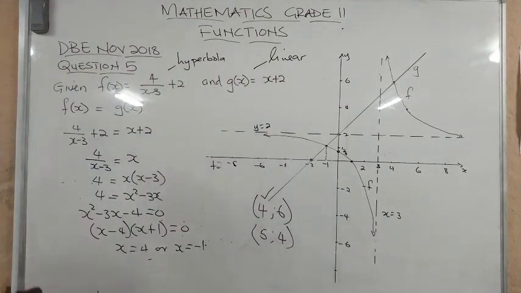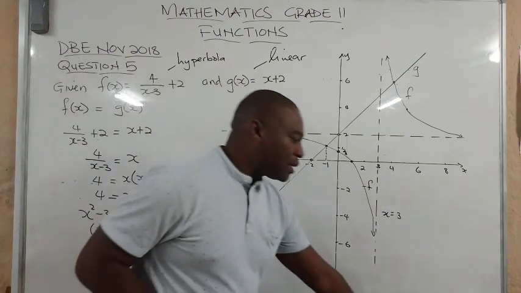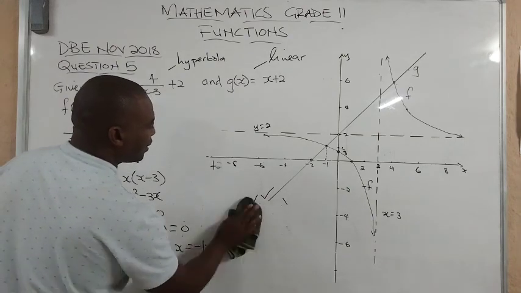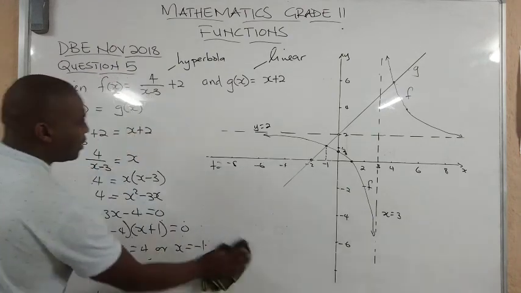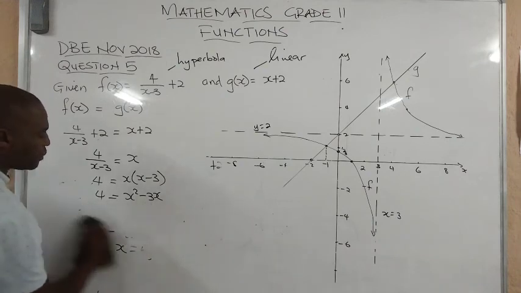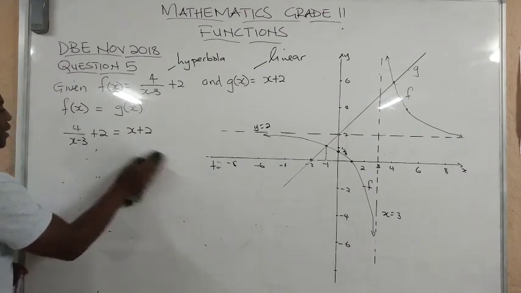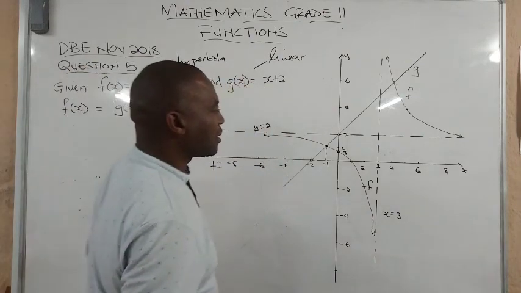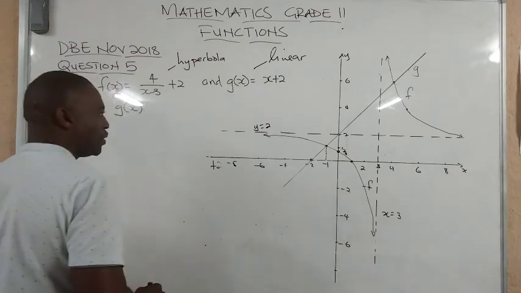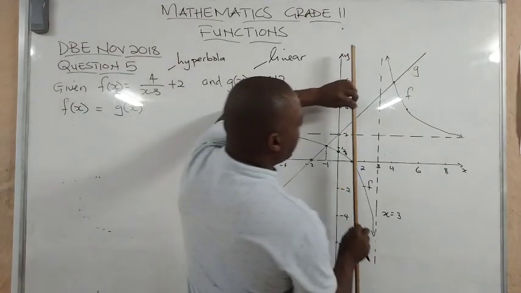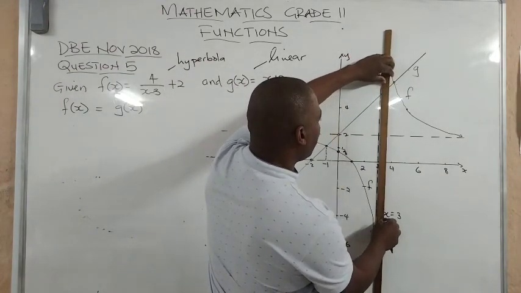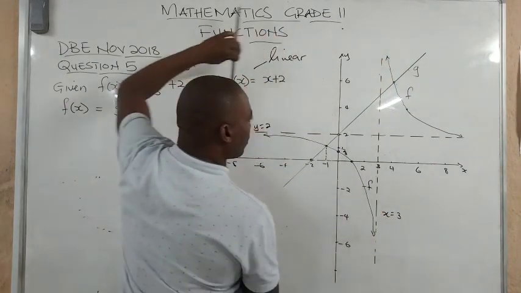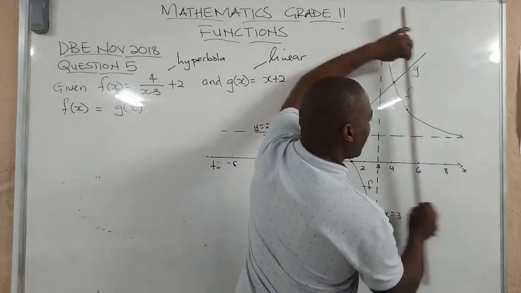5.6, the question says if x is less than 3, what does that mean? If x is less than 3, the examiner is simply guiding us that we should look on the side where x is less than 3, which is on the left of the asymptote. So we ignore everything that is on the right for this question.